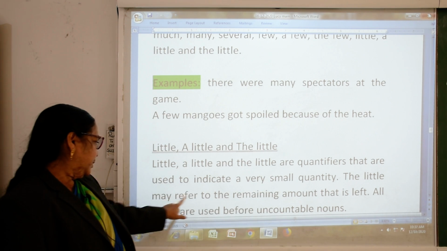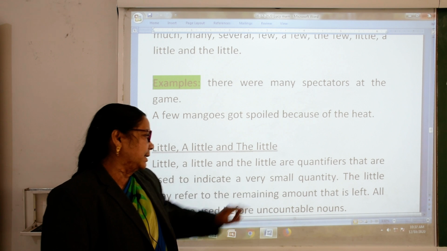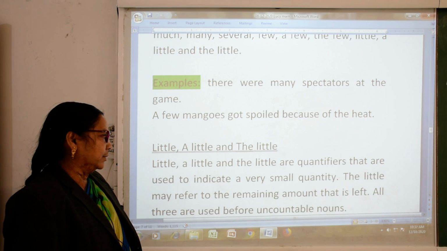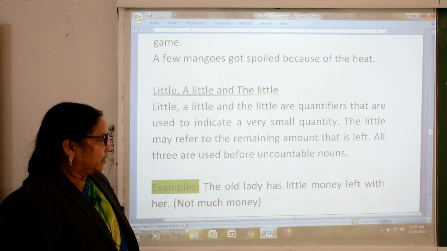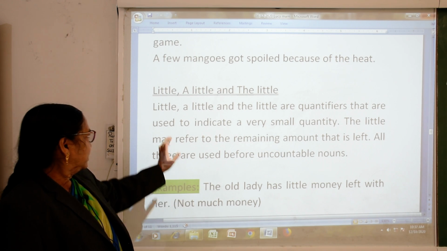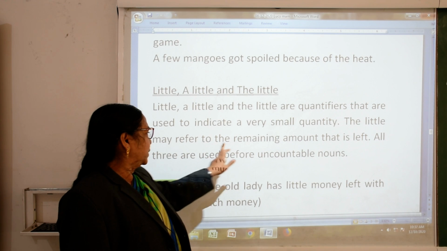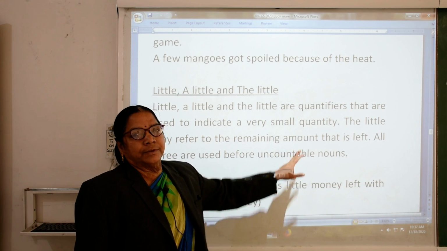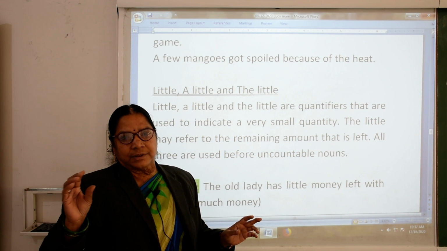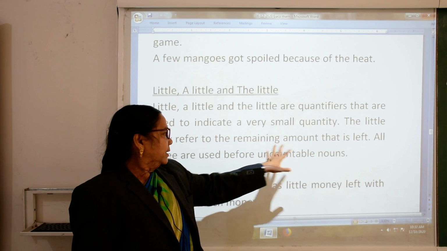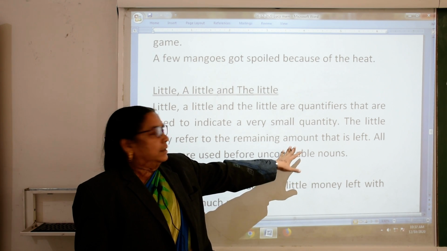The little may refer to the remaining amount that is left. See, do not get confused, I will read again. The little may refer to the remaining amount that is left. From little, the remaining amount that is left is the little.